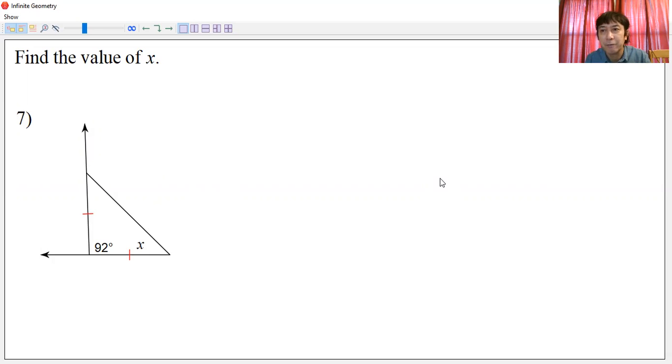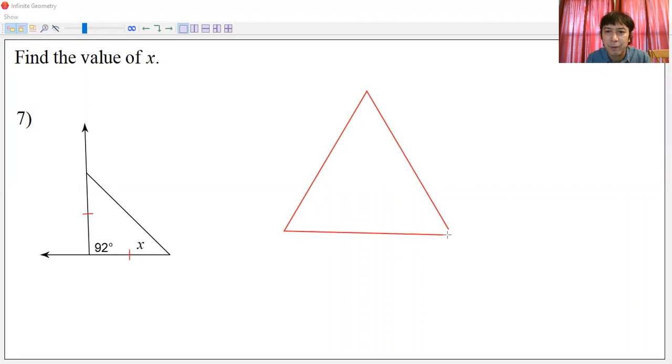All right, and so we can solve for the unknown angle by means of the definition of isosceles triangle. Now, for isosceles triangle, we have some descriptions about isosceles triangle, okay? Consider this drawing, okay?